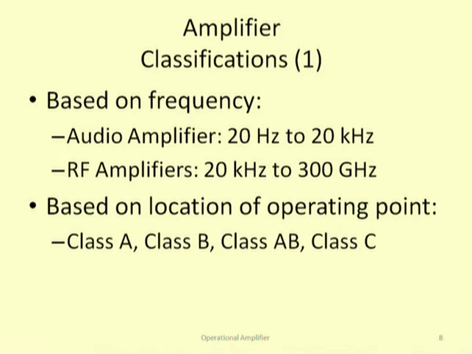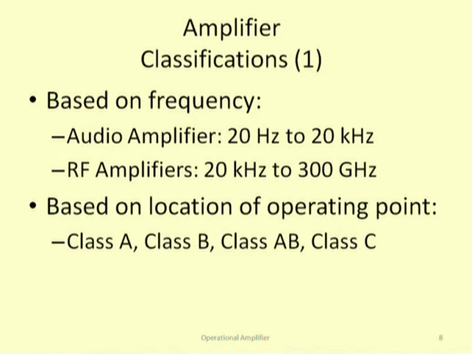It could be used to amplify the audio signal. We know that the frequency range of the audio signal is within the range 20 Hz to 20 kilohertz. So if there is an amplifier which can amplify the amplitude of the audio signal, then that amplifier could be characterized as the audio amplifier.